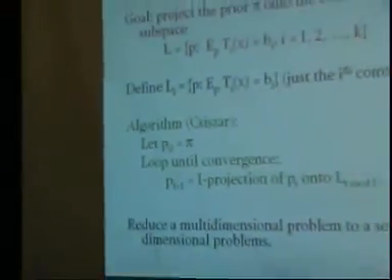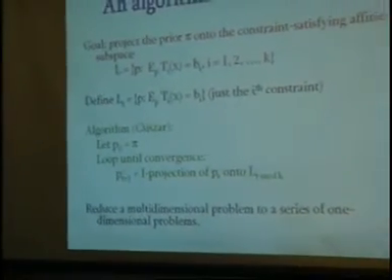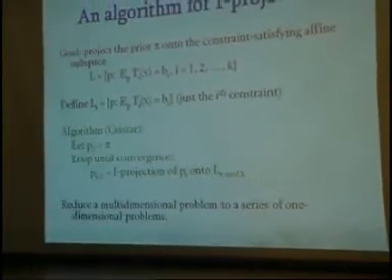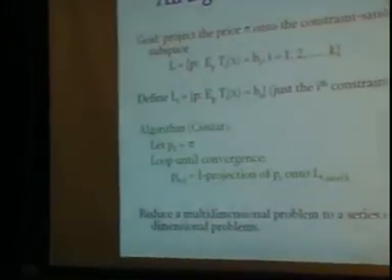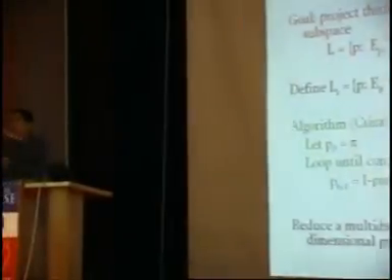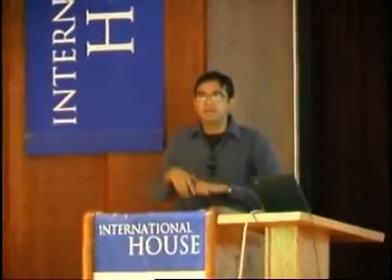You have k constraints, so k separate hyperplanes, and you want to satisfy all of them. In other words, you want to be at the intersection of all those hyperplanes. So you project onto one of them, then the next, then the next, and you keep cycling through these k things. And somehow this should work.